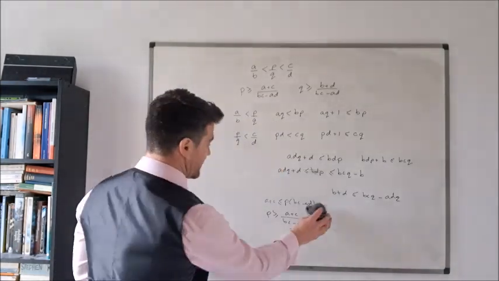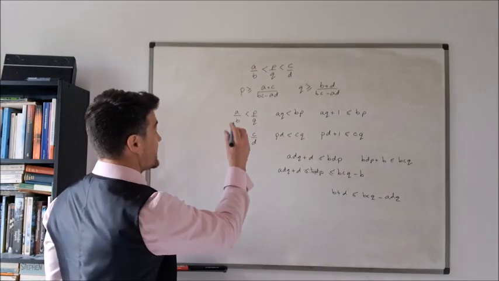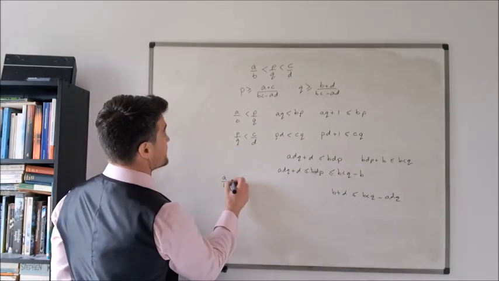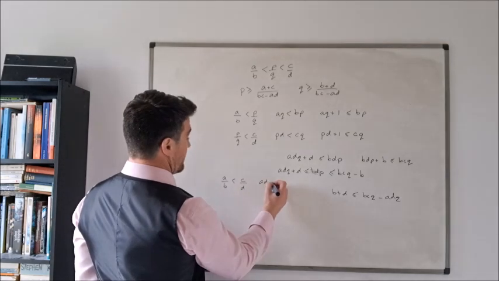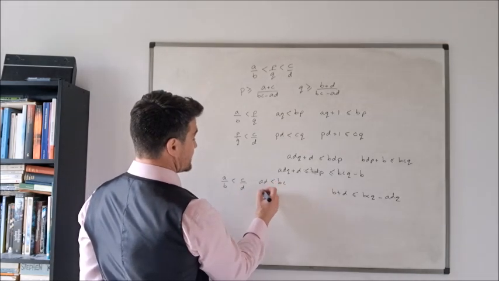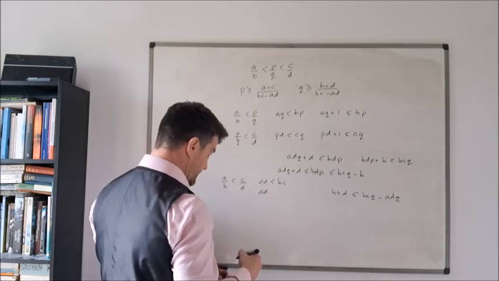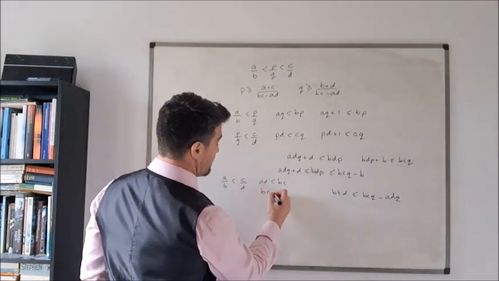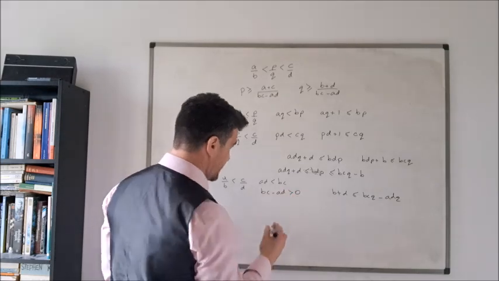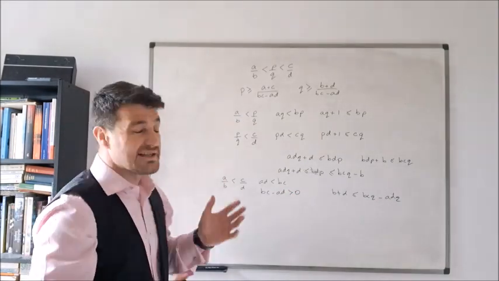That's not too difficult really to just double check, because if we know that A over B is less than C over D, then we get that AD is less than BC, so therefore BC minus AD is greater than 0. I didn't actually do that.